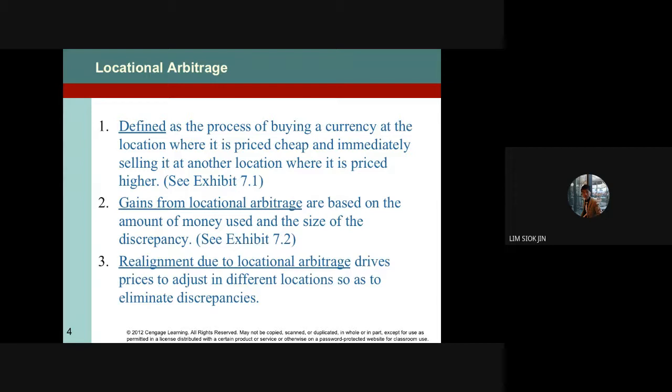Just by buying and selling, you benefit from locational arbitrage. Any gains from locational arbitrage are based on the amount of money used and the size of the discrepancy. Realignment due to locational arbitrage usually will drive the price to adjust so that the arbitrage disappears.